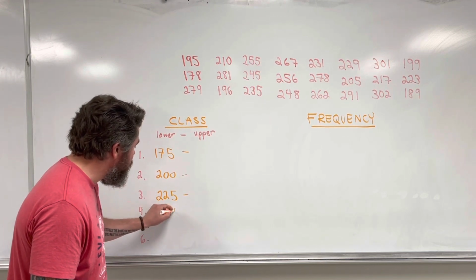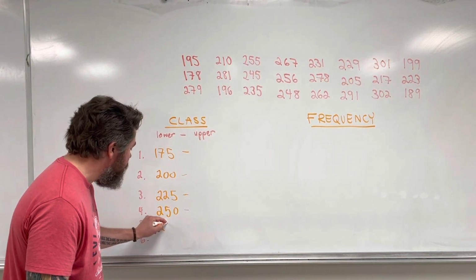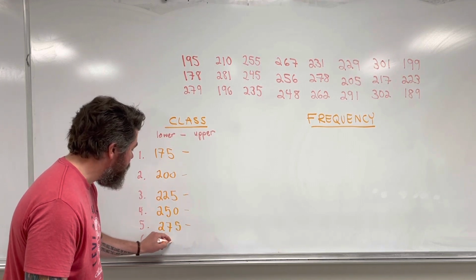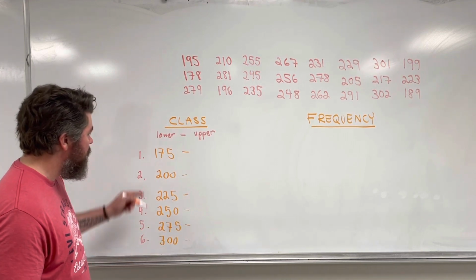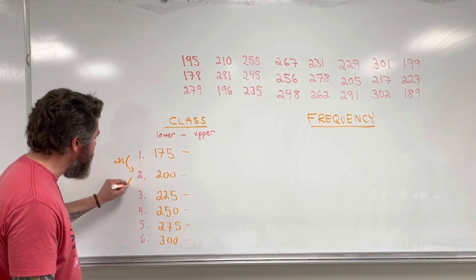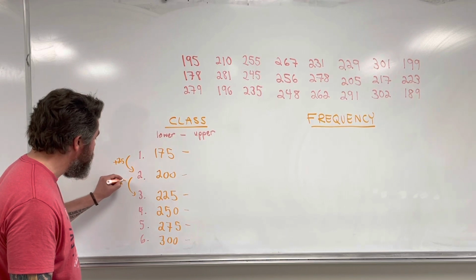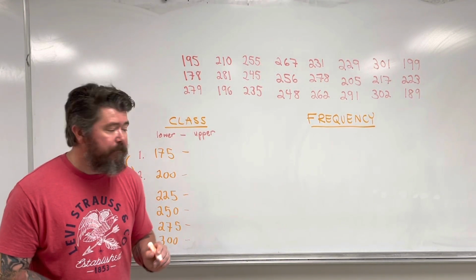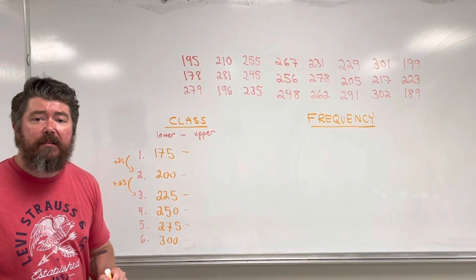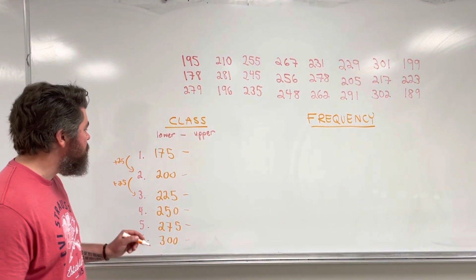My next one will be 250, then 275, and then 300. Again, I'm just adding 25 at each step.